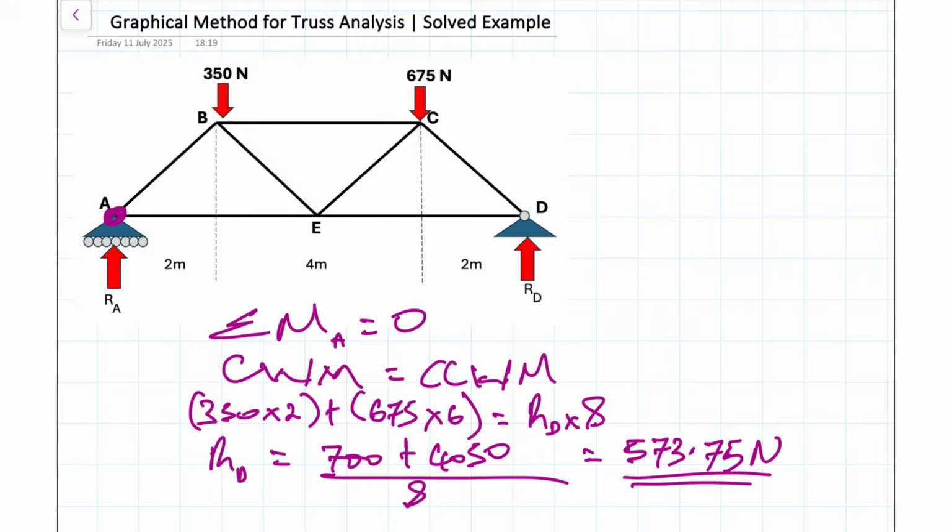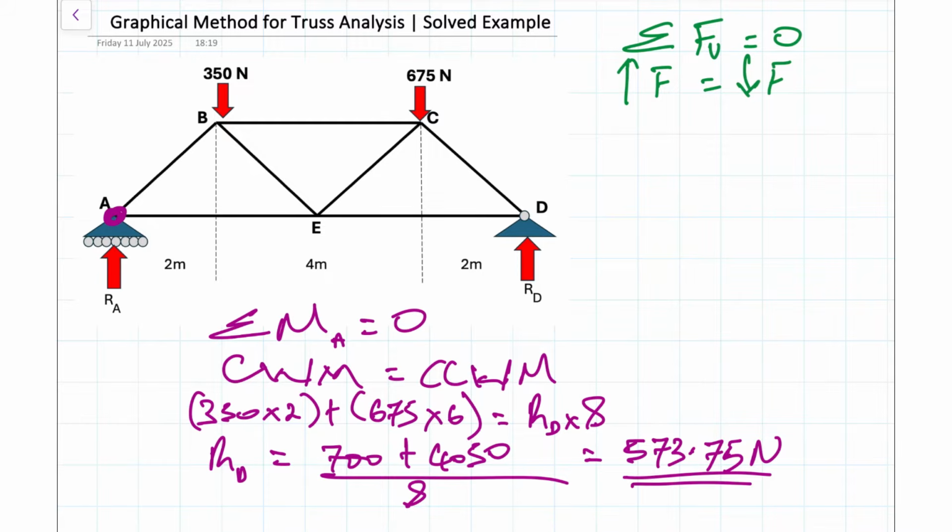And on to finding RA. For RA, we're going to say that the sum of the vertical forces should be in equilibrium, therefore they're equal. If we were to sum all the forces going upwards, they should be equal to the sum of all the forces going downwards.